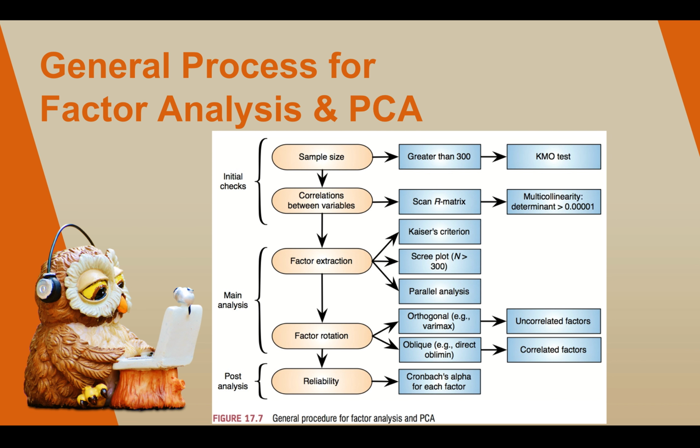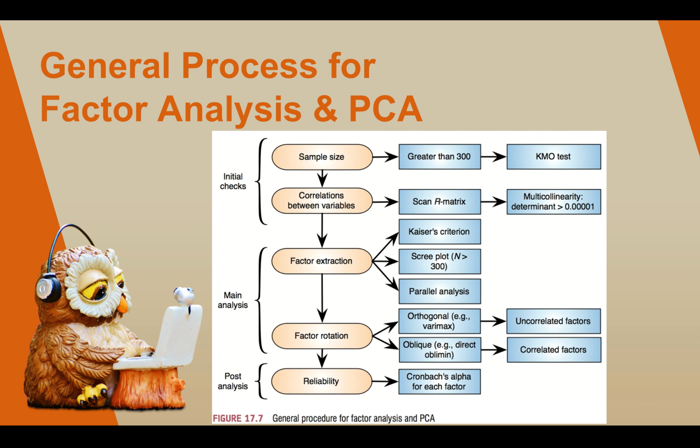Our textbook shows a general process for how to conduct a factor analysis and the principal components analysis, starting off with the idea of sample size. It's really important to understand that while he says it's greater than 300, it really does depend on the number of factors you have. There's a general idea of between 10 and 15 cases, meaning individual responses, per factor that you have.